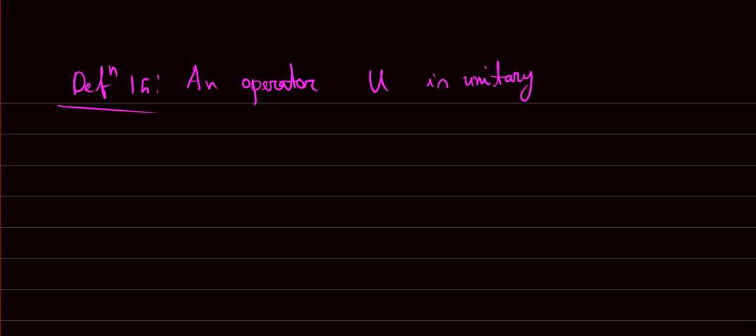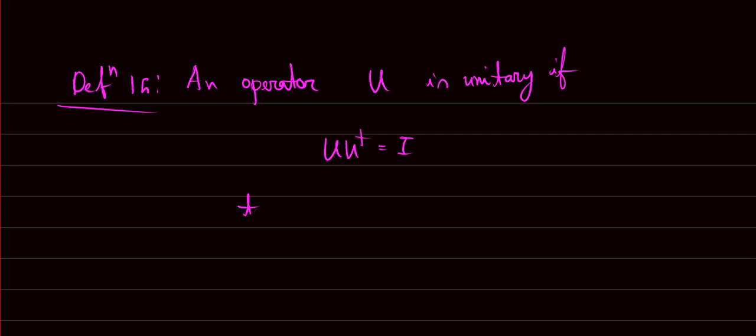Another important operator, definition 15: an operator called unitary operator. Let us define it first. An operator U is unitary if U into its adjoint gives the identity operator.